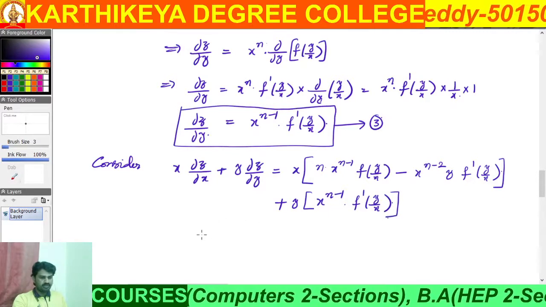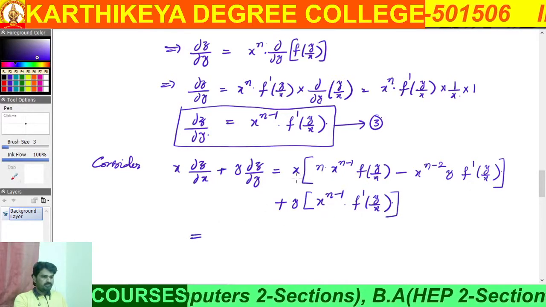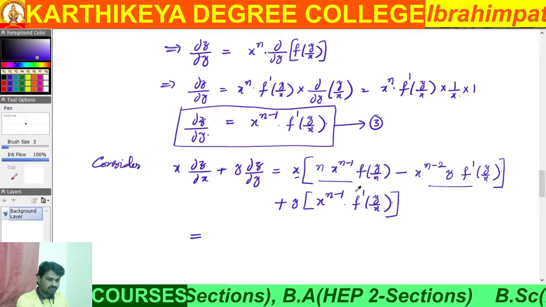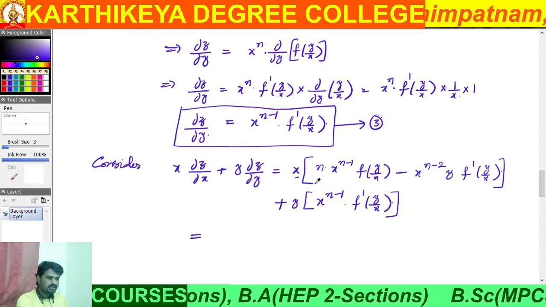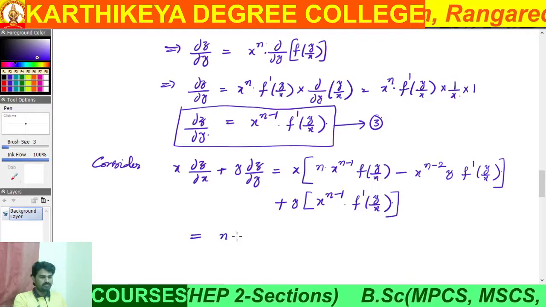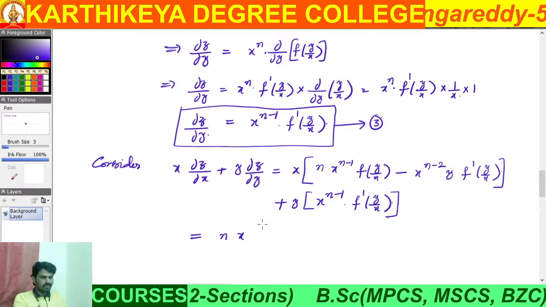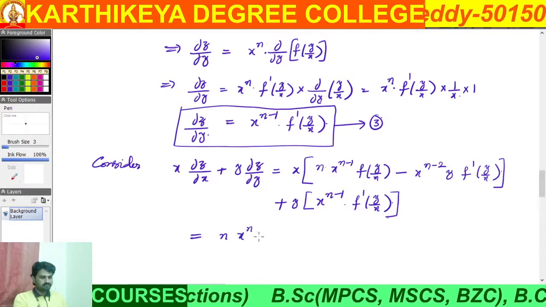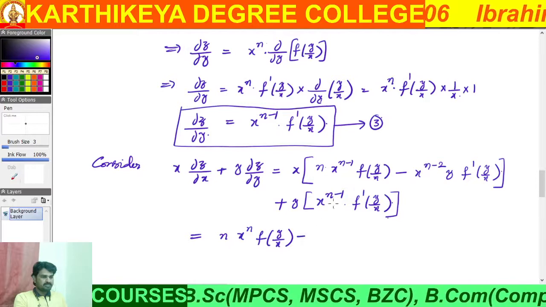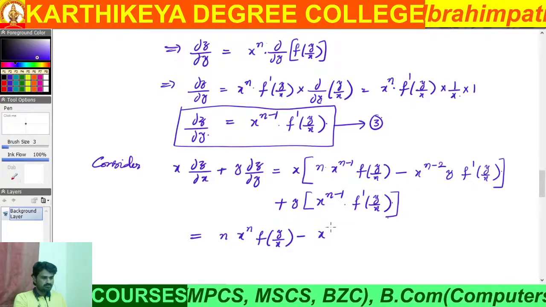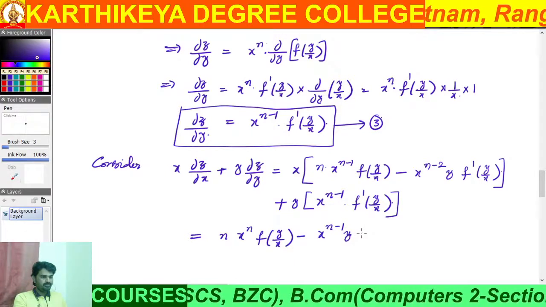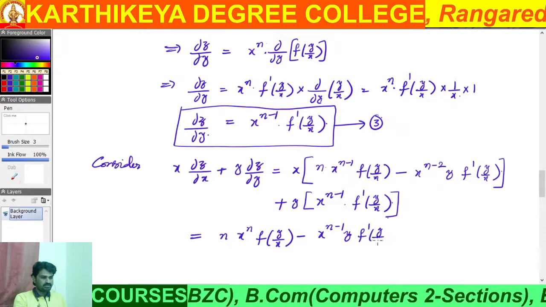Now simplifying, that is multiplying x from this term to this term. First, multiplying with the first term, x power n minus 1 is already there, and when multiplying you get x into n into x to the power of n minus 1 plus 1, that is n into function of y by x. Next minus, if you multiply this one, x to the power of n minus 2 plus 1 becomes n minus 1 into y and f dash of y by x.